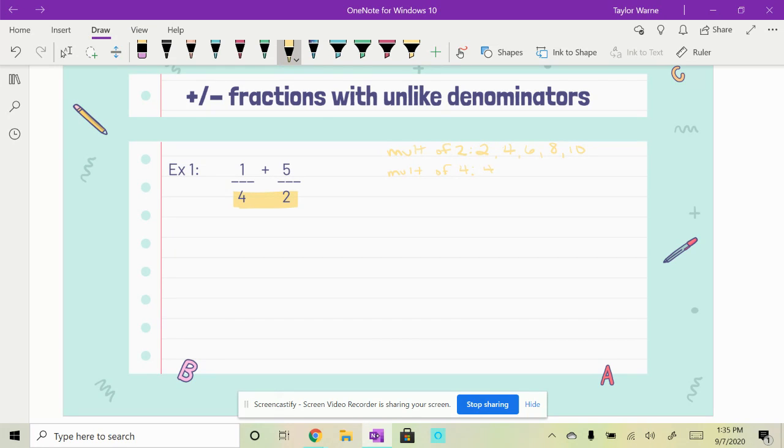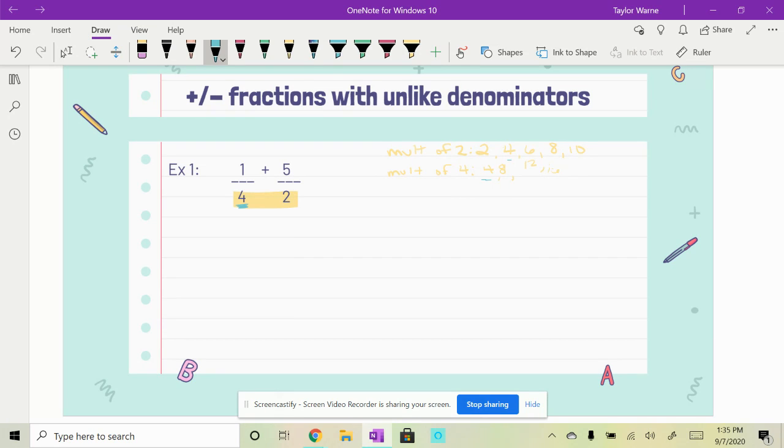We have 4, 8, 12, 16. I think I can stop there for now because I see my least common multiple, which in this case is 4.